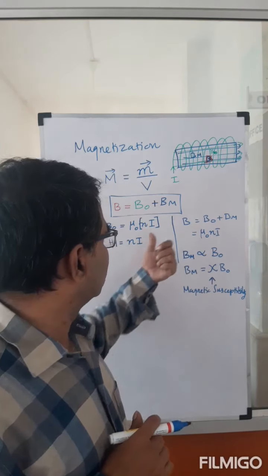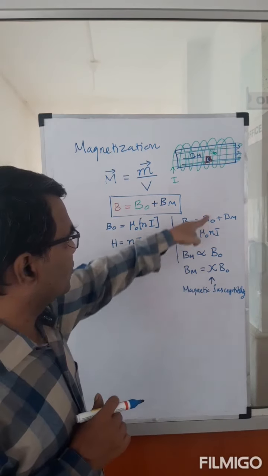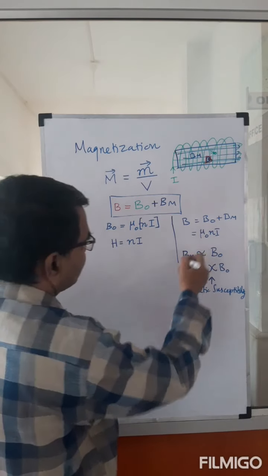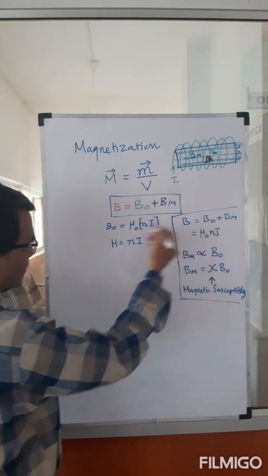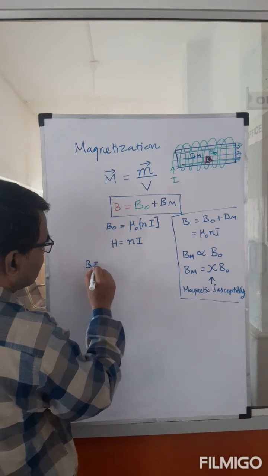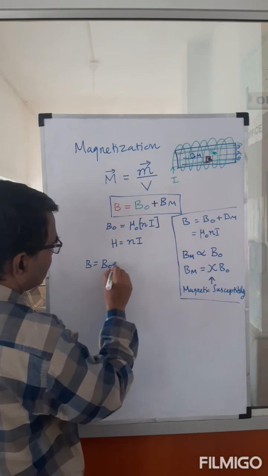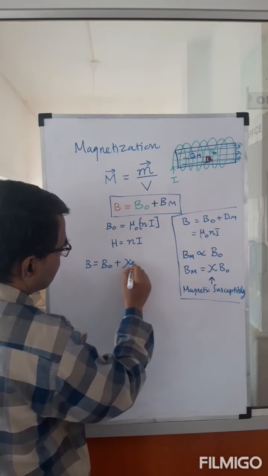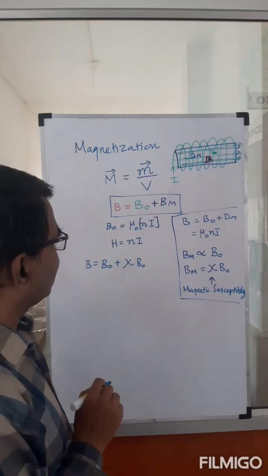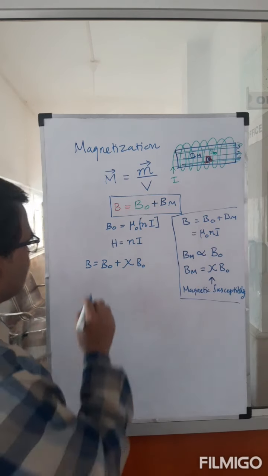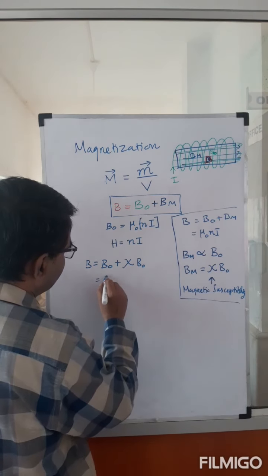Now I'll take this and put it in here. I'll combine both and do it here. So from this, B is equal to B naught plus psi into B naught. Okay. So what is B naught? I'll take B naught out.